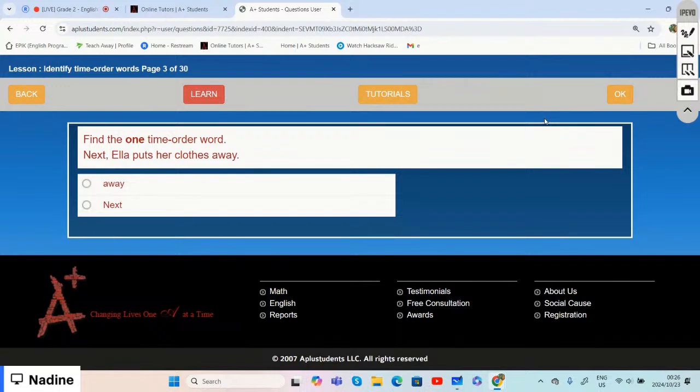So next, Ella puts her clothes away. Do we say it's away or do we say it is next? Which one is correct?